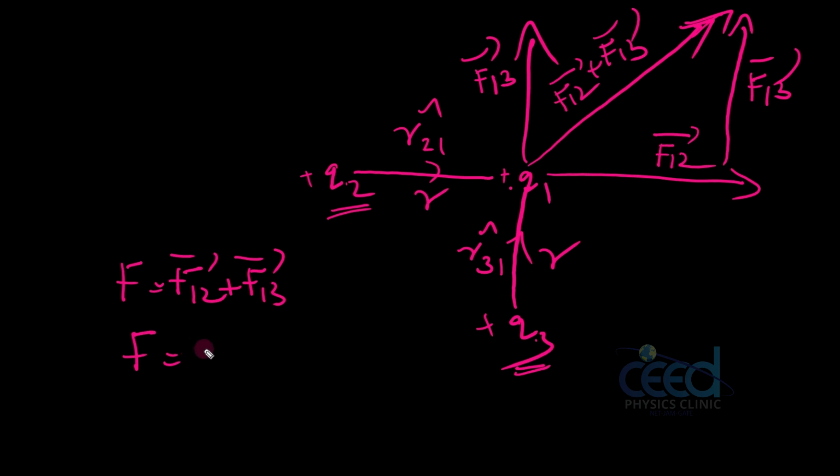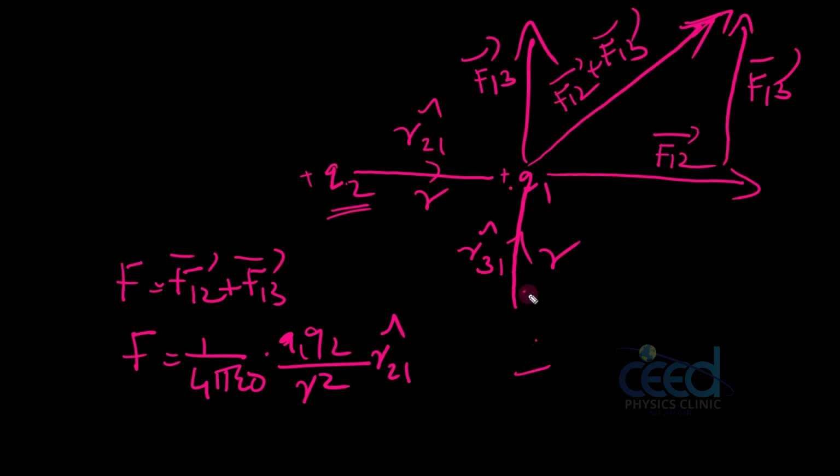Let me write this equation as 1 by 4 pi epsilon 0, Q1 Q2 divided by r square, into r21 cap, plus 1 by 4 pi epsilon 0, Q1 Q3 divided by r square, into r31 cap.